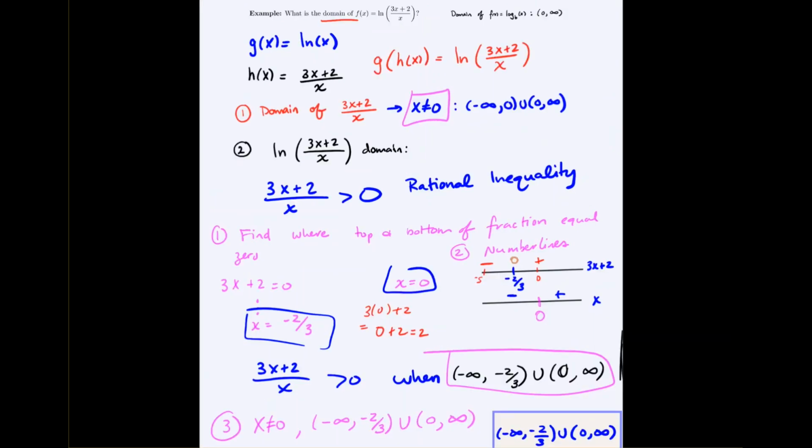Let's just review the steps of this one more time. The key idea is that we know a logarithm's domain has to only be positive numbers as the input, but in this particular example, our input was quite a bit more complicated than usual. So whatever this input was had to be okay for itself, which meant that x can't be 0.